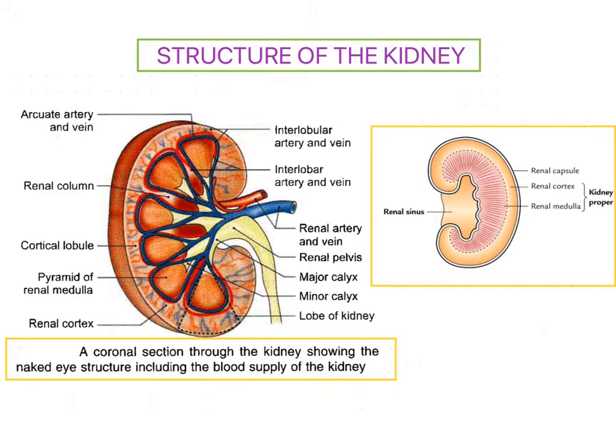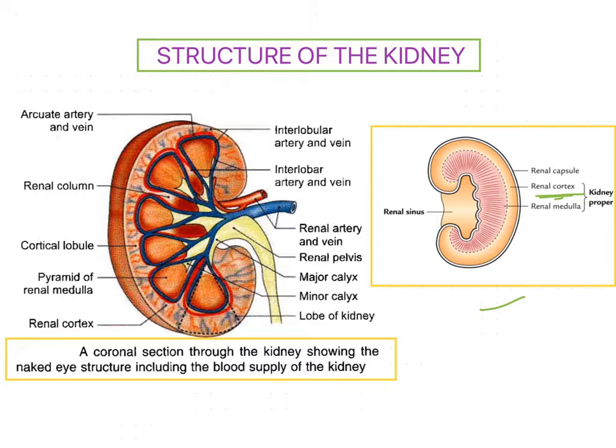It splits into two halves, the anterior and the posterior parts of the kidney. After the coronal section we can find three layers. Here in this diagram you can see the three layers. The outer layer is called the renal cortex, and it shows a granular, reddish brown appearance.